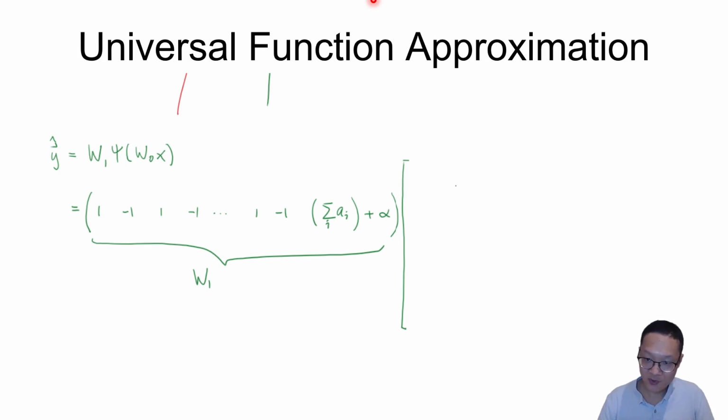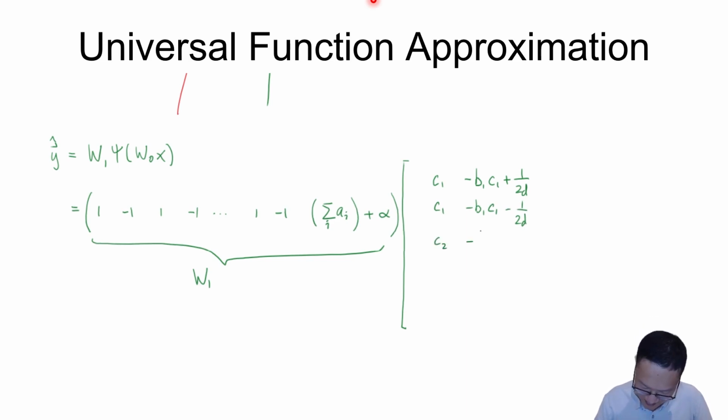Let's start from the inside. Here we have c1, minus b1 c1 plus 1 over 2d. Then we repeat this again, but with a minus. Then we move on to index number 2: c2, minus b2 c2 plus 1 over 2d, and the same thing with minus 2d.